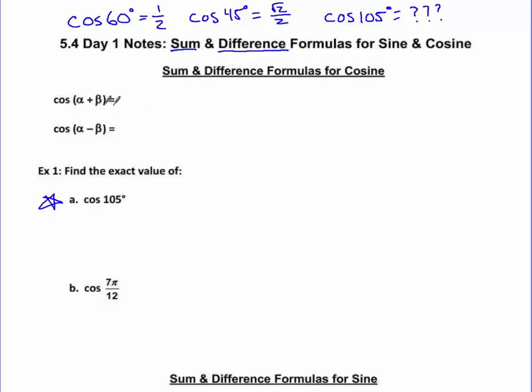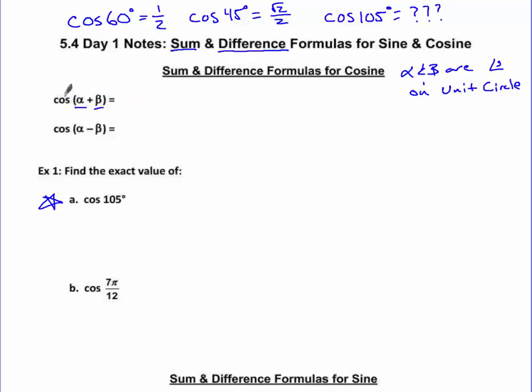And so they follow a formula, and our formula is going to have these two symbols in it, alpha and beta. And up here, we're just going to write out that alpha and beta are angles on the unit circle. Okay, so that'll help you when you're figuring these out. The numbers that are going to go right here for the alpha and the beta have to come from the unit circle.